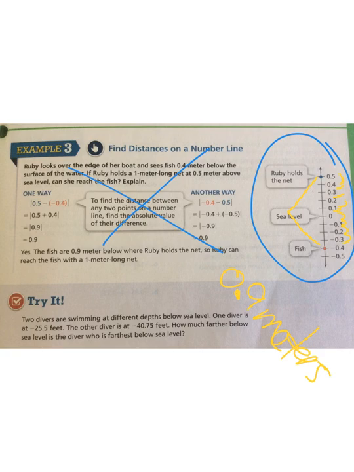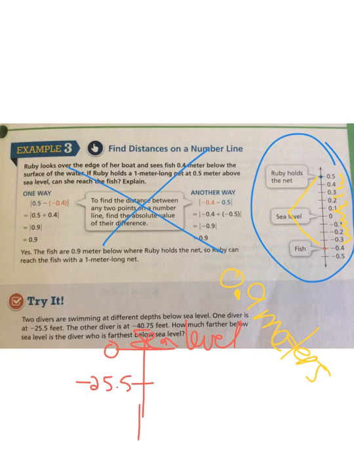Let's look at the try it. Again, I like the visual and sometimes drawing out the picture for these. 2 divers are swimming at different depths below sea level. So we can think of, here's my sea level at 0. One of them is negative 25.5 feet below.